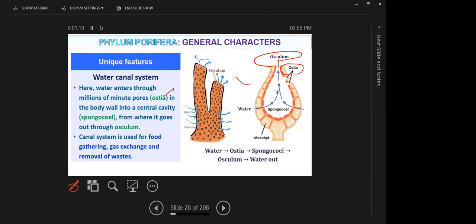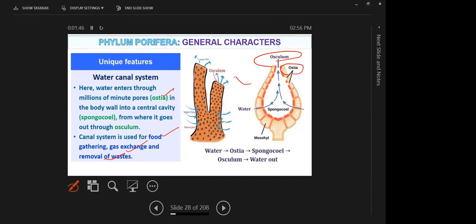And what do you call the cavity within the body? Spongocoel. Coel is a cavity. The canal system is used for food gathering, gaseous exchange, and removal of waste. Food gathering means nutrition, gaseous exchange means respiration, removal of waste means excretion.